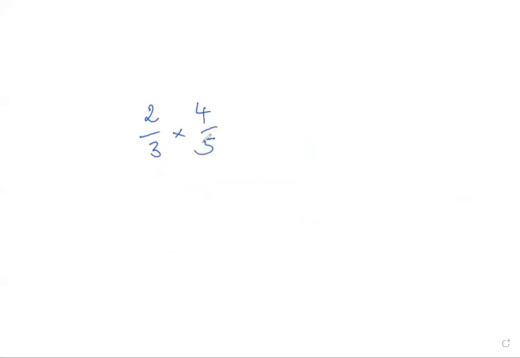Nothing is easier or simpler than this. You just multiply top times top and bottom times bottom. So that would be 2 times 4 over 3 times 5, which is 8 over 15. That's it.